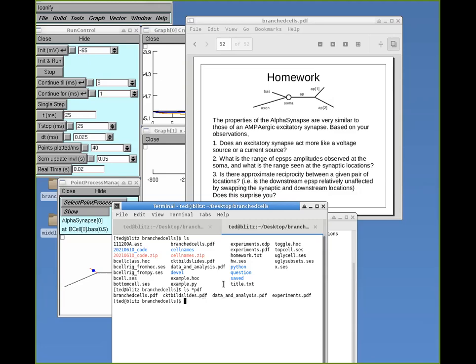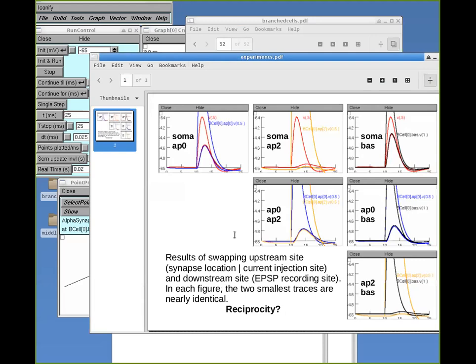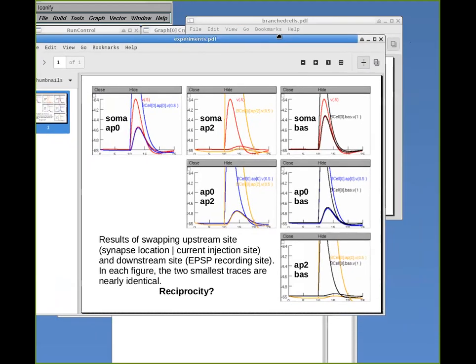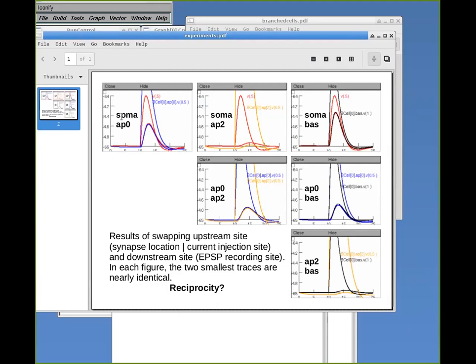Now, let's look at the experiments first. So these are the results of my different experiments, and each of these figures is for a different pair of locations.